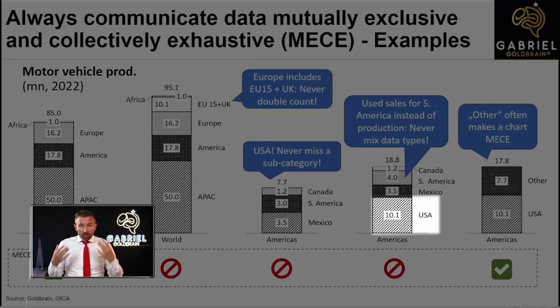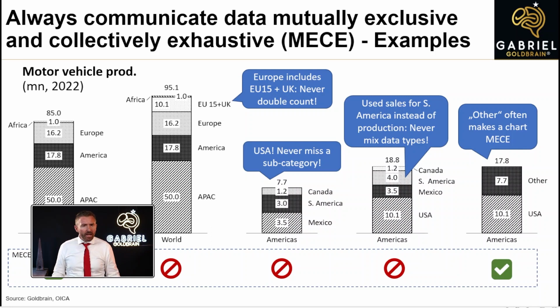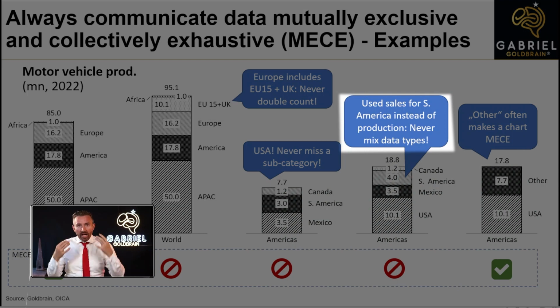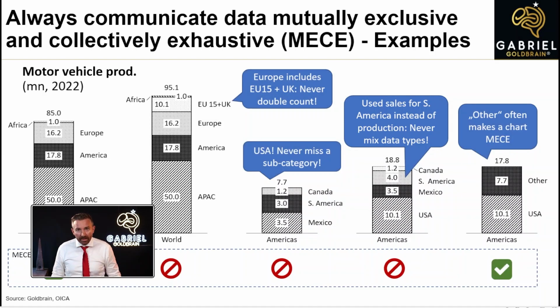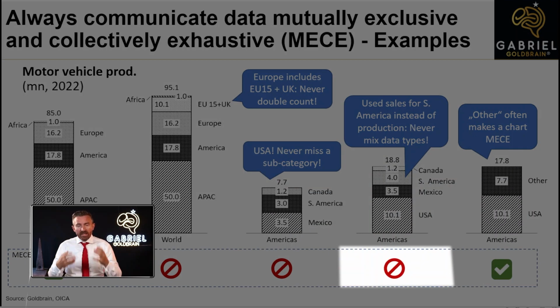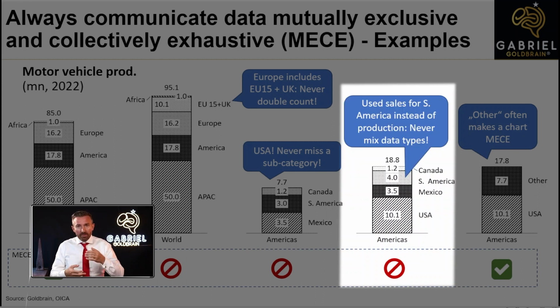We have the US, we have Mexico, we have South America, and we have Canada. So it looks like on first glance that the chart is MECE. But what happened behind the scenes is that for South America, the production figure was replaced by the sales figure. So we have different categories of data mixed in one chart. That also means the chart is not MECE because we will have overlaps between the sales and the production category.